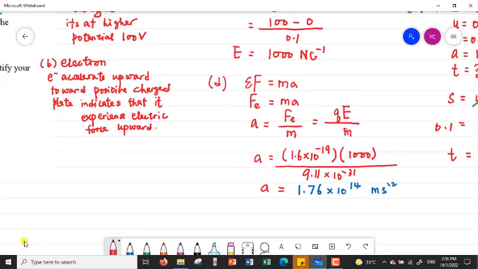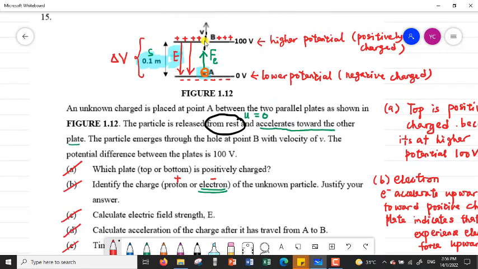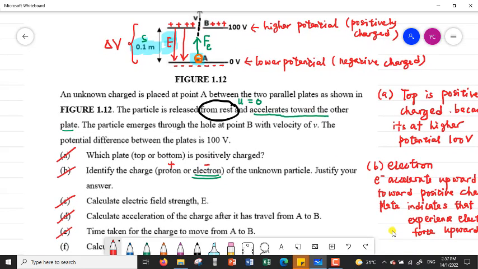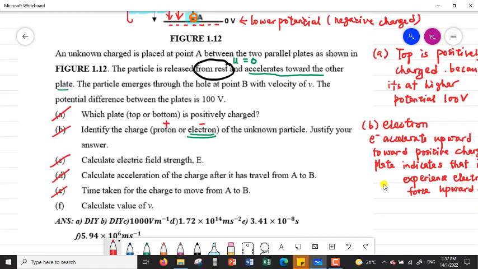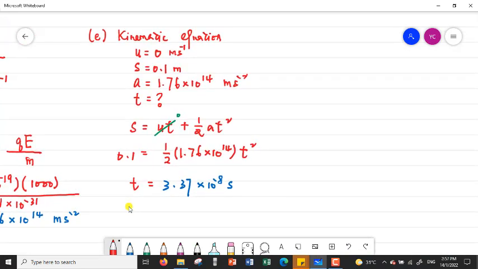We proceed to the last question. Calculate the value of V. So we want to determine the final velocity, or the value of V, as the particle emerges at point B. In order to find the final velocity at point B, again we are going to apply a kinematic equation because the charge is doing straight line, linear motion.